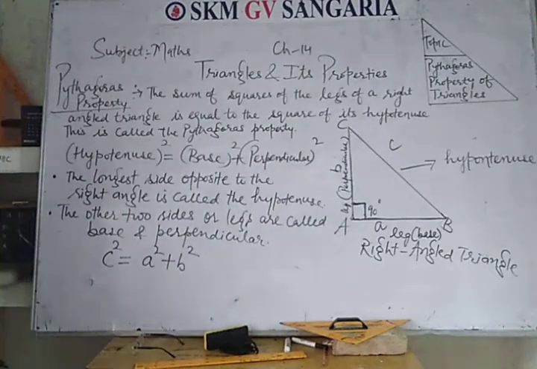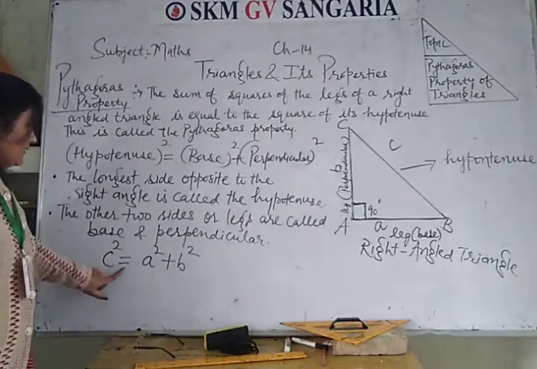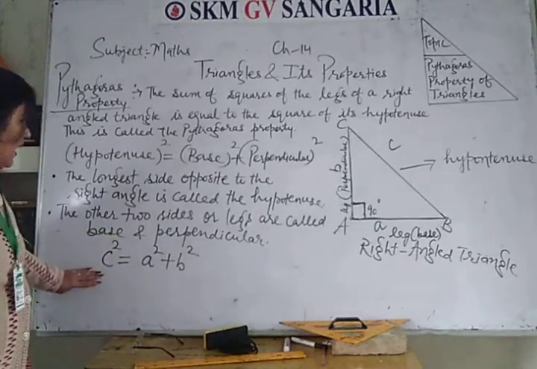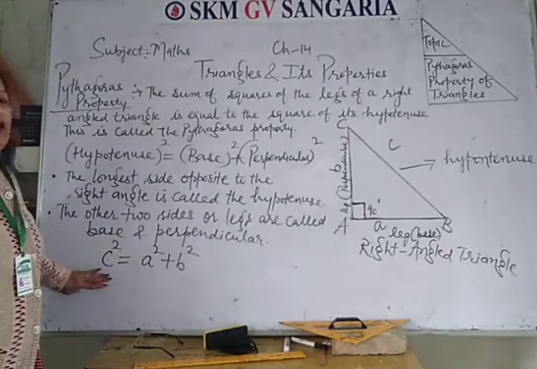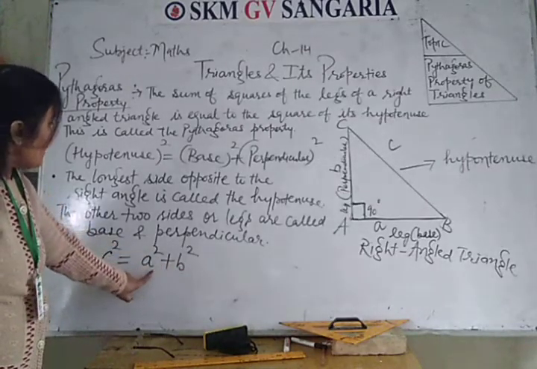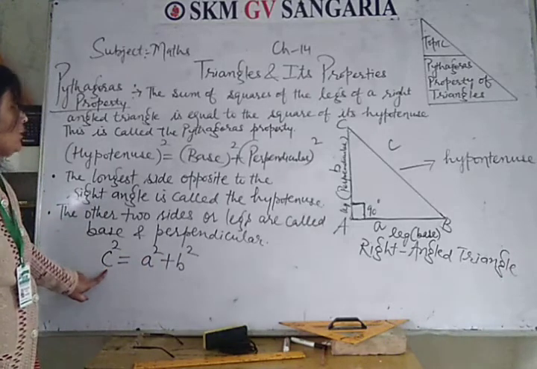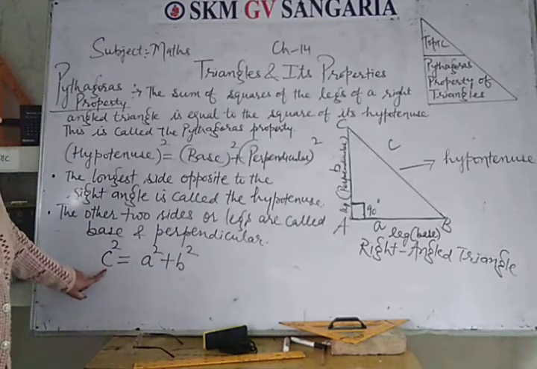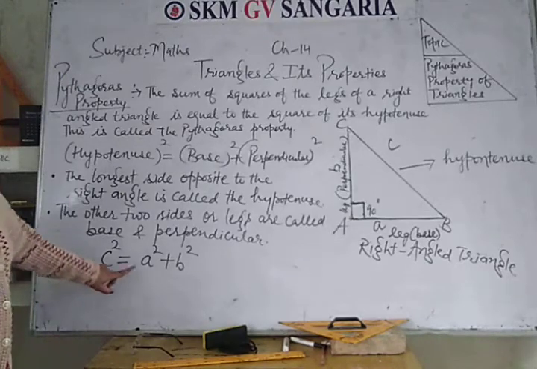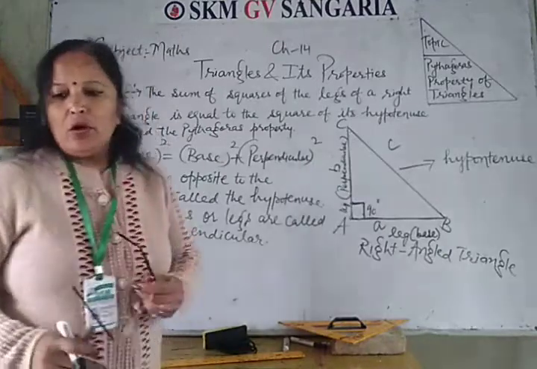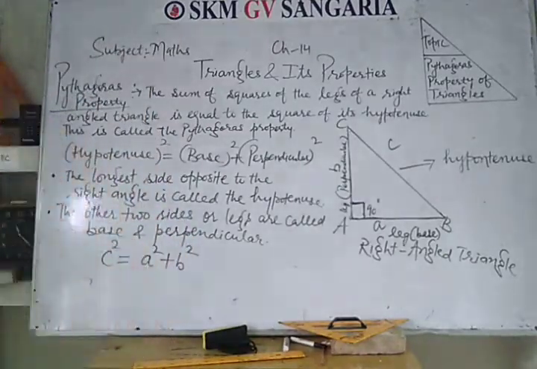So the sum of the squares of the legs of a right angle triangle is equal to the square of its hypotenuse.